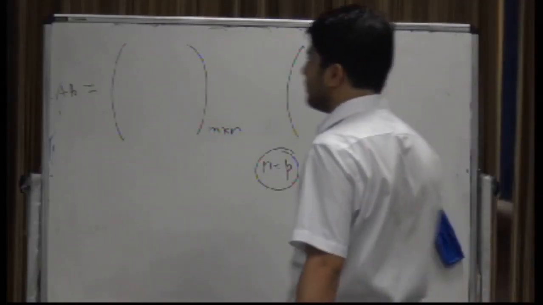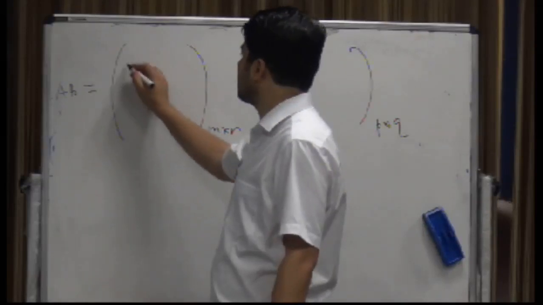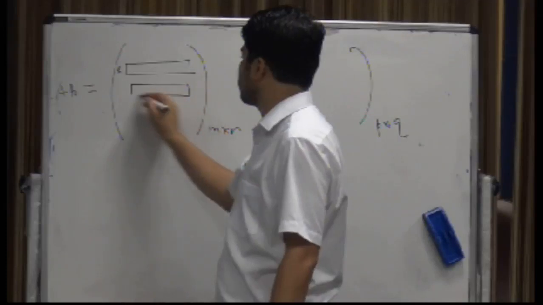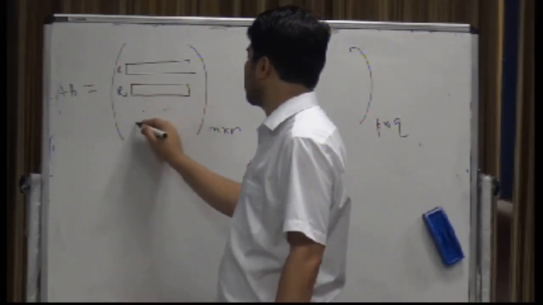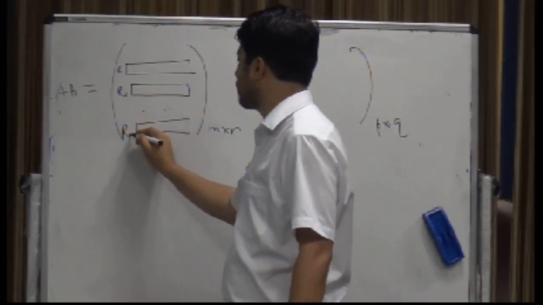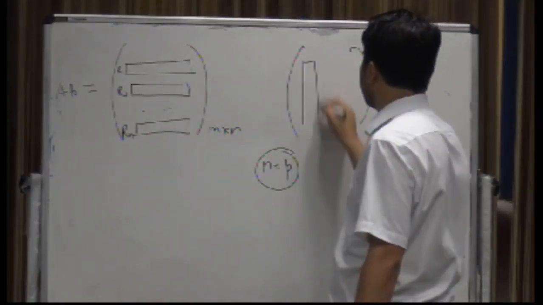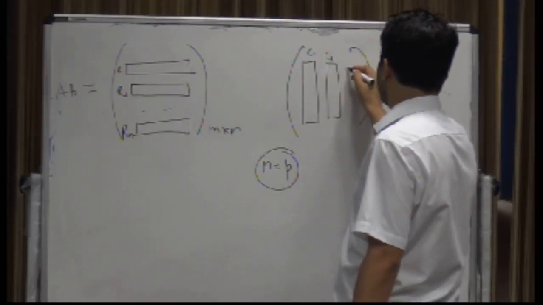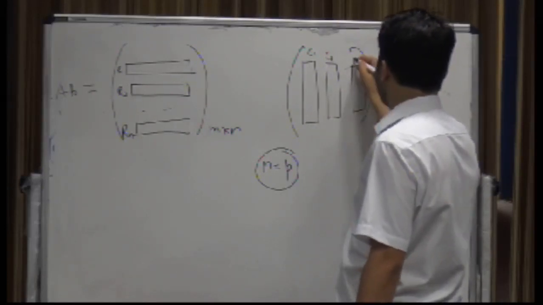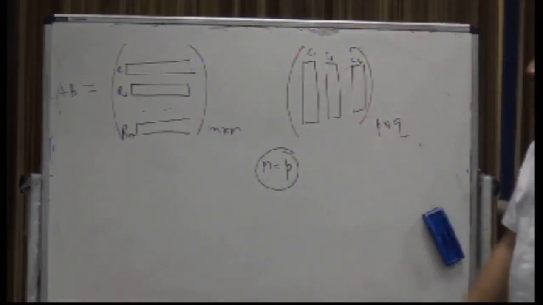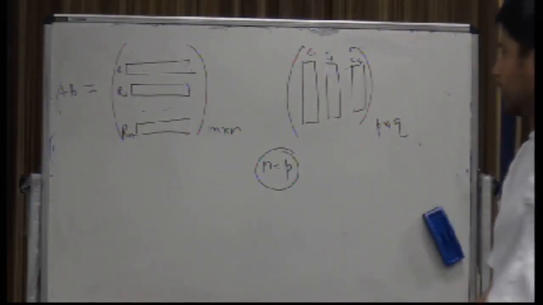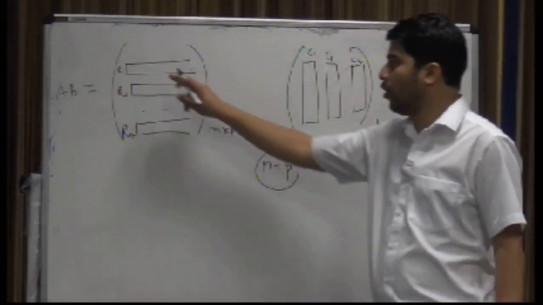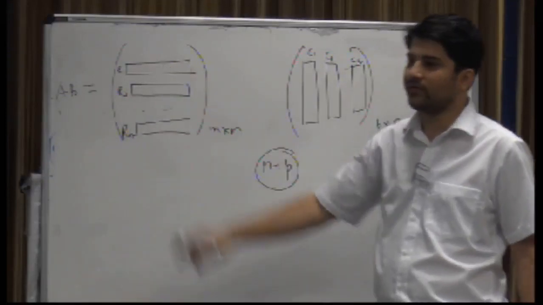Now how do we proceed? First row into the first column. This is row 1, this is row 2, up to row m. Columns C1, C2, up to Cq. Now we understand N is equal to P, which means how many elements do you have in R1?